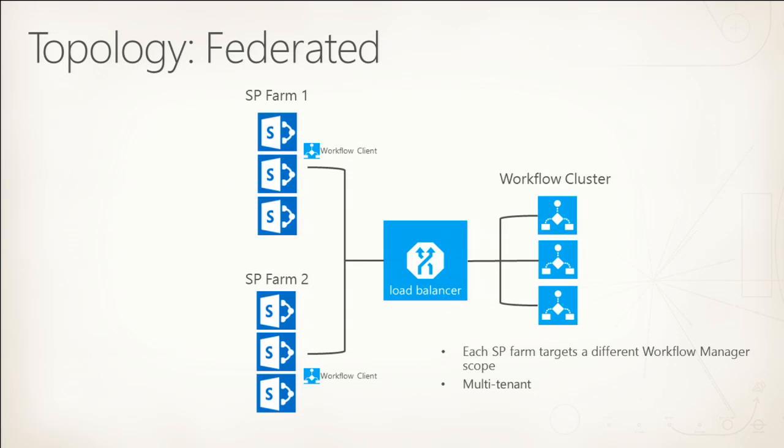But you can also share that workflow cluster with multiple SharePoint farms. Because the Workflow Manager has been designed from the ground up to be multi-tenant, you can take multiple SharePoint farms and configure them. We provide configuration commands, yes.